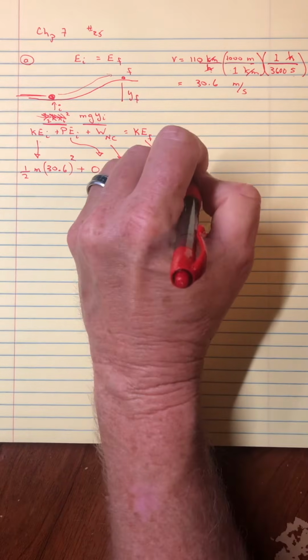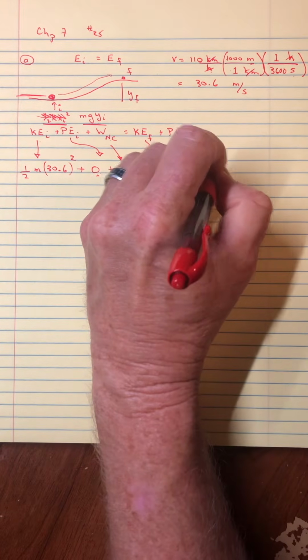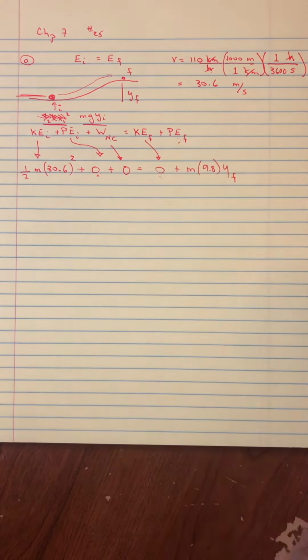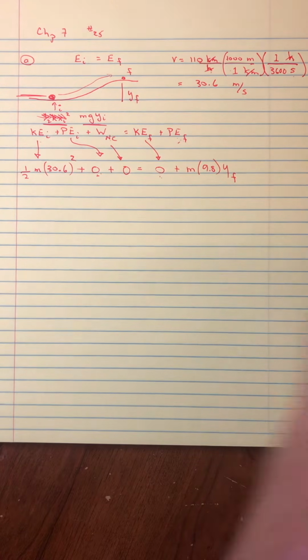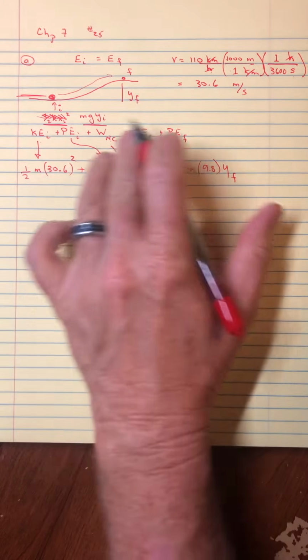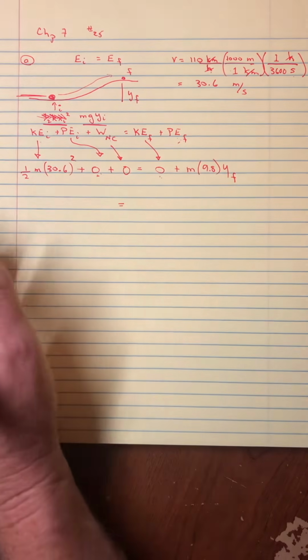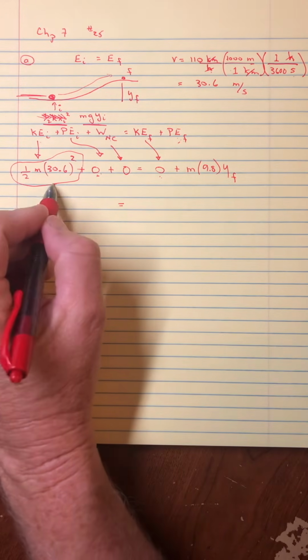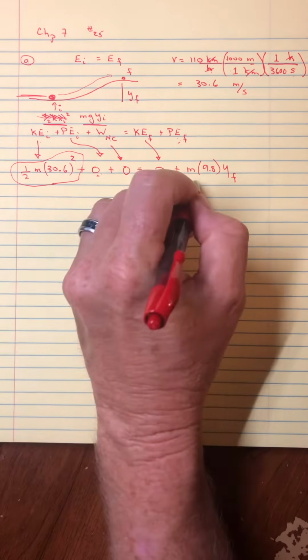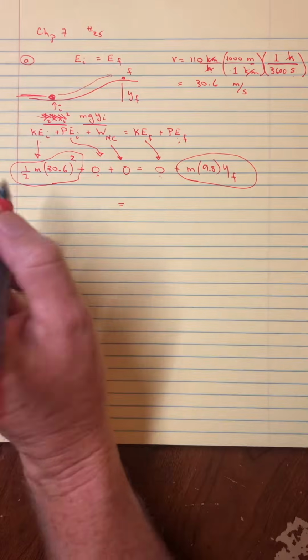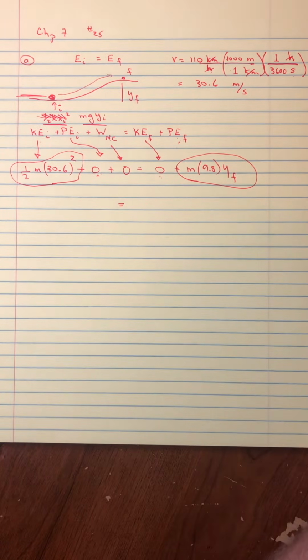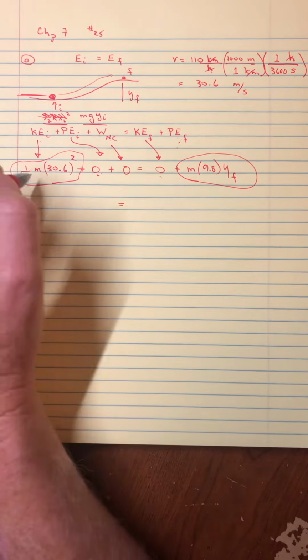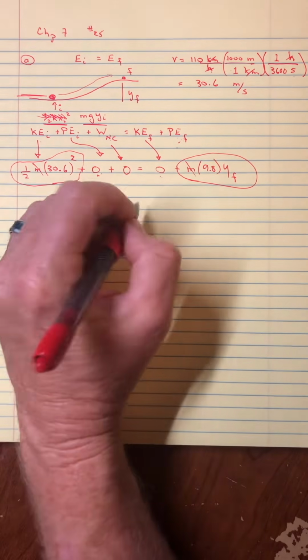And then we would have an m, a g, and a final height. So all of these pieces have a lot of zeros in them, and it's really just saying the initial kinetic energy is converted fully into gravitational potential energy on the other side. Each of them has an m in it, so we can cancel that off.